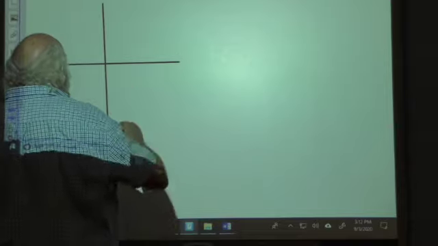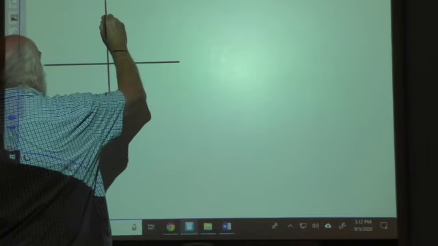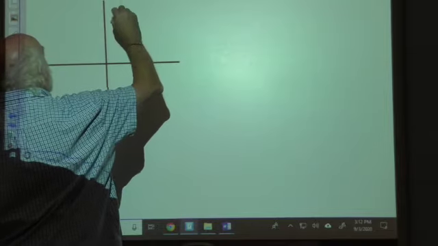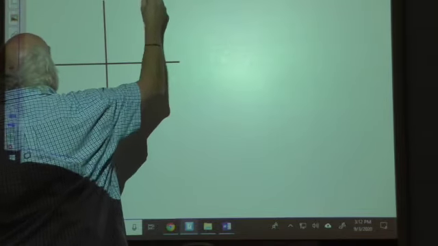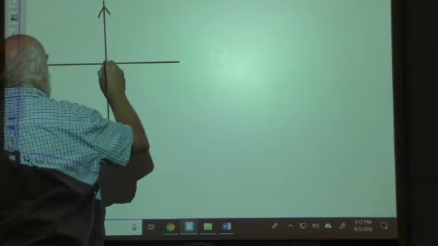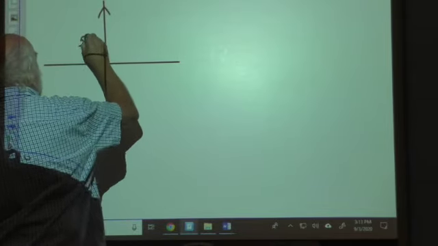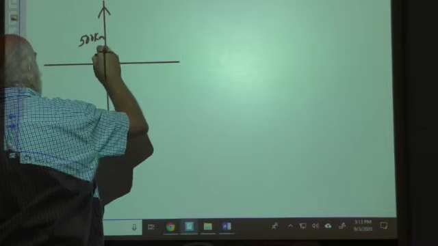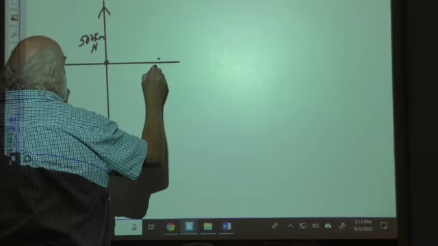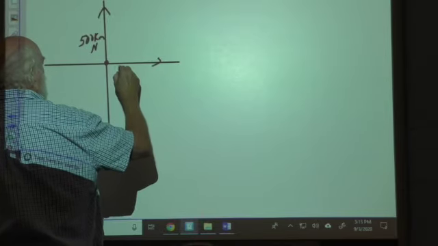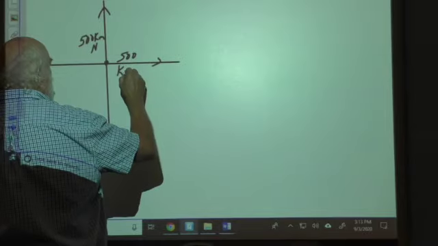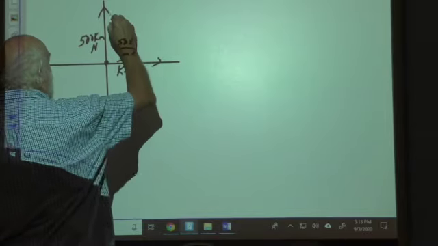So, we're going 500 kilometers north. Here's our starting point right here, 500 kilometers north, and 500 kilometers east.